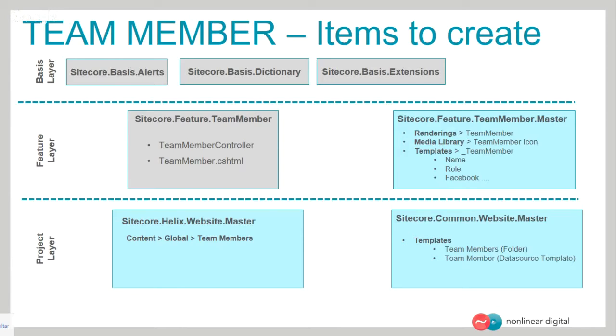In the Helix website master, which is the one from my project, from my implementation itself, what I'll have there is the place to put my data source items. So, you know, the repository itself. The data source repository, we also have something in the middle to determine what is the data source template and the data source location of my component, okay?